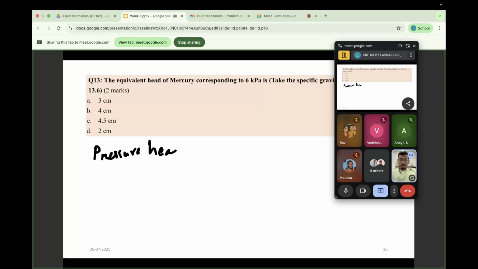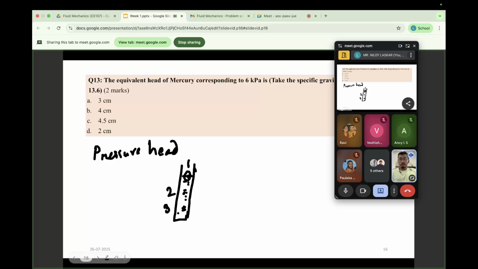Pressure head means the height of a fluid column corresponding to a given pressure. Say this is a tube, and this is the level up to which the tube is filled. There is a certain pressure at point 1, at point 2 the pressure is different, and at point 3 the pressure is different.